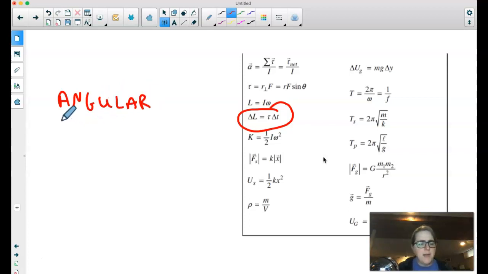Earlier this year, we talked about impulse for linear motion, where impulse was the change in momentum. Now we've got angular impulse, which is the change in angular momentum. So again, we're seeing these real strong parallels between what we already learned about linear motion and what we are learning now about angular motion. In fact, this is one of the reasons why I like to do angular motion and rotation last, is we're essentially able to build in some review of important concepts from earlier in the year.